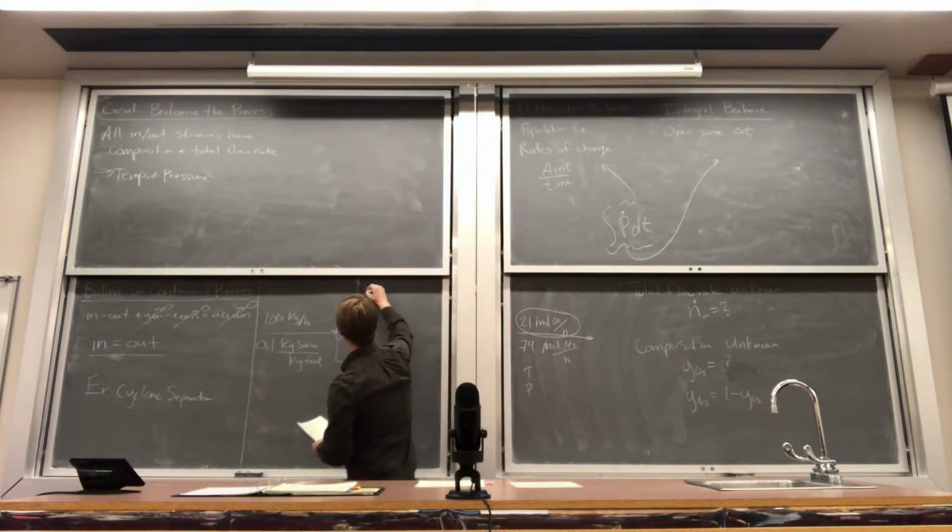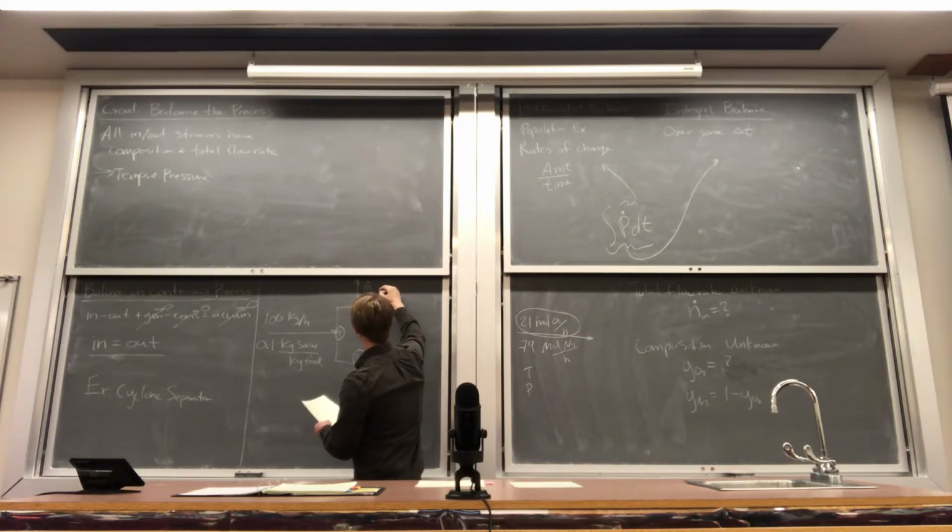So at the top, we need to solve for the mass flow rate of stream 2 for air and the mass flow rate of stream 2 for the sawdust.